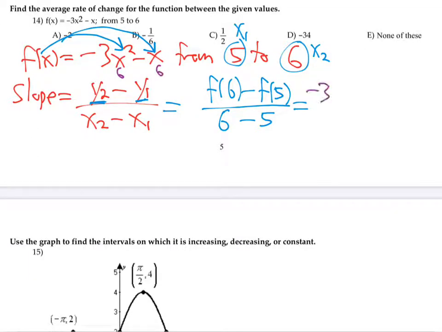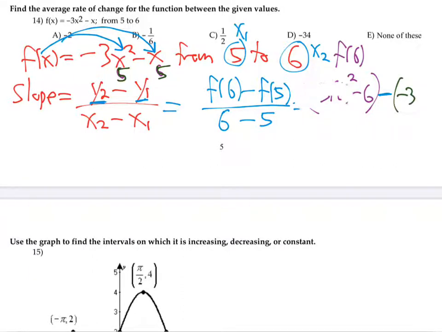So we get minus 3 times 6 squared minus 6. That's f of 6. Subtract. And now plug in 5 here and 5 here.